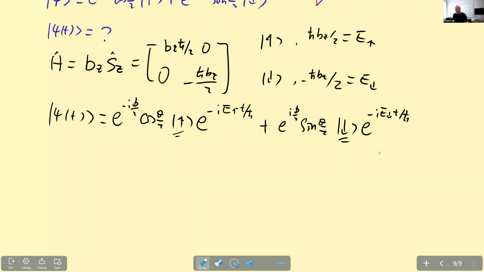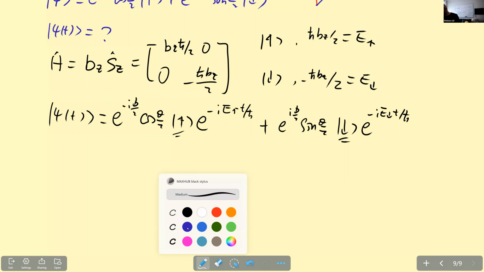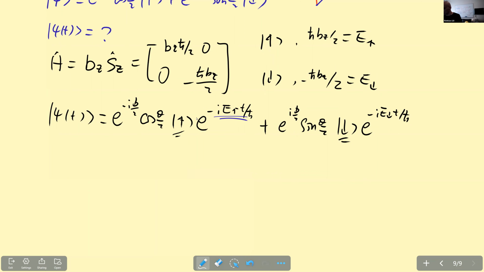So that's the evolution, according to the Schrödinger equation, okay? But now you can combine this term and this term. So that equals e to the minus i, no, it's phi plus Bz times t over 2, and cosine theta over 2, spin up.